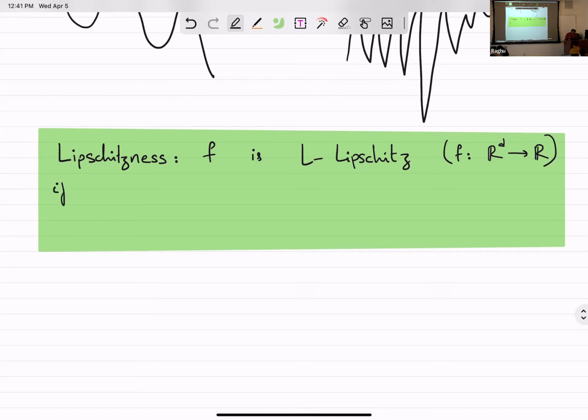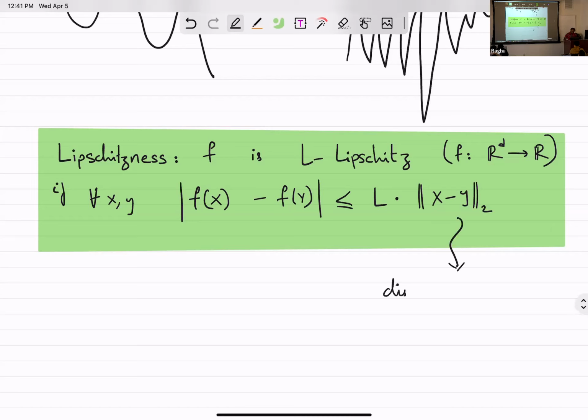If I take 2 points, x and y, the difference in their function values is proportional to how far x and y are. So for all x comma y, |f(x) - f(y)| is less than or equal to L times the distance between x and y. And you measure distance using Euclidean distance.